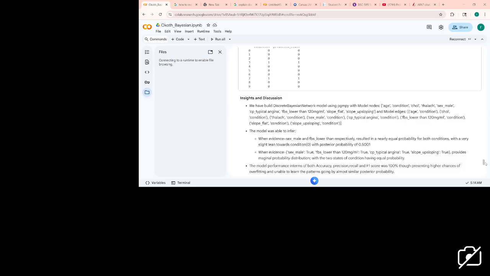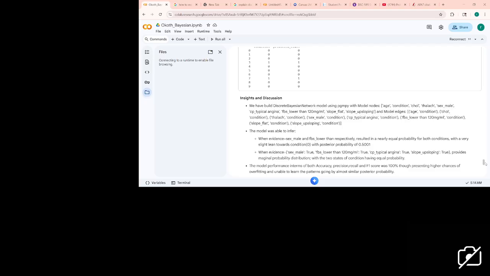Then the model was able to infer, for example, when the evidence was sex male and the FBS variable was lower, it resulted in equal probabilities for both conditions, with a slight leaning towards condition 0, which had a posterior probability of 0.5001.